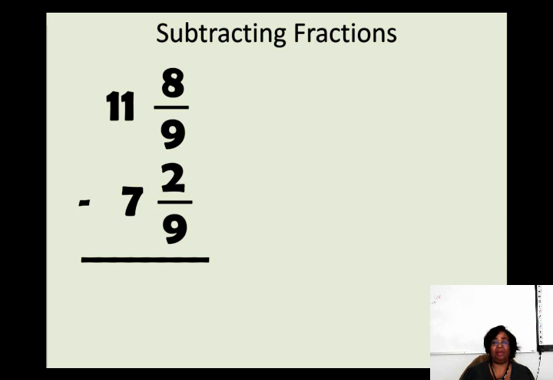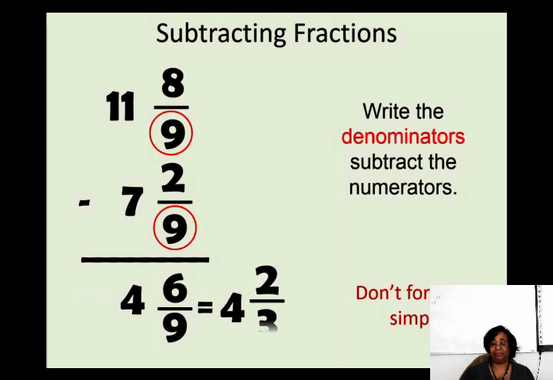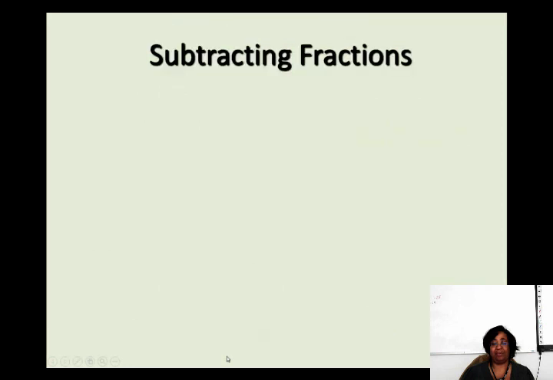And then what about my whole number here? 11 minus 7 is what? 4. So my final answer should be 4 and 2/3, right? So I get 6 over 9, I reduced this by 3 to get 2/3, and then I took 11 minus 7 and I got 4. So you have to remember to simplify and reduce.